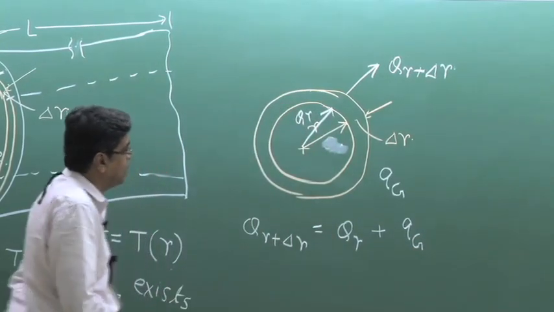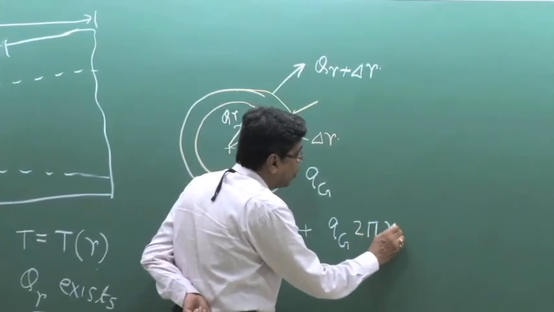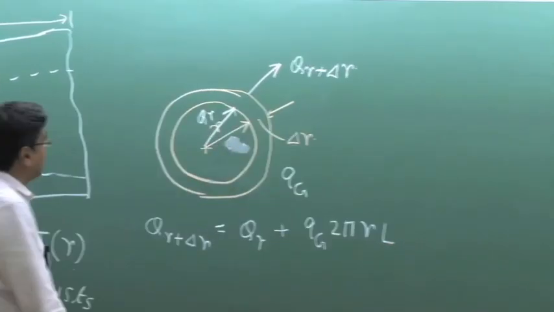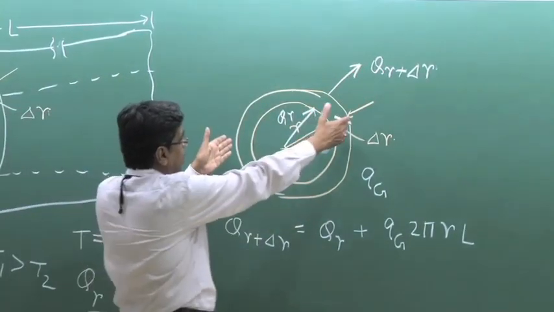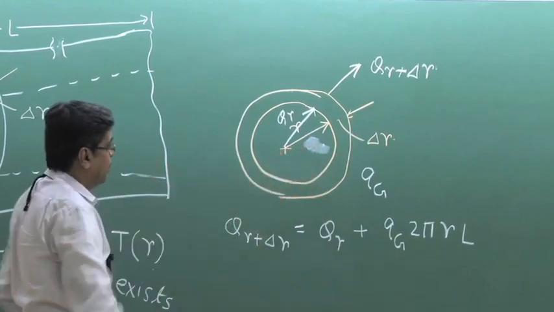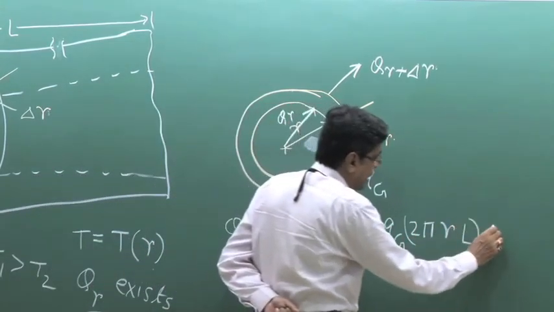The volume of the element is the cross-sectional area, twice pi r into L, where L is the length, that means it is a cylindrical ring. Length is perpendicular to the direction of the board. This is the area times delta R.